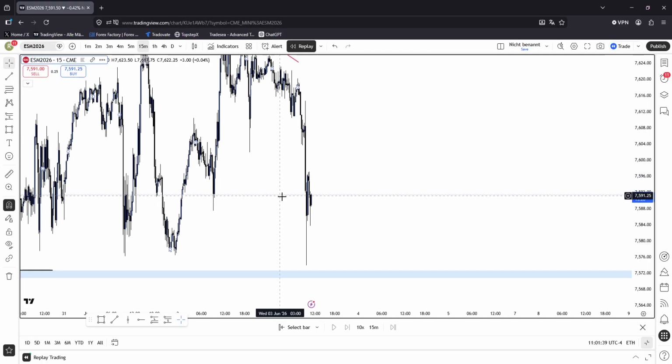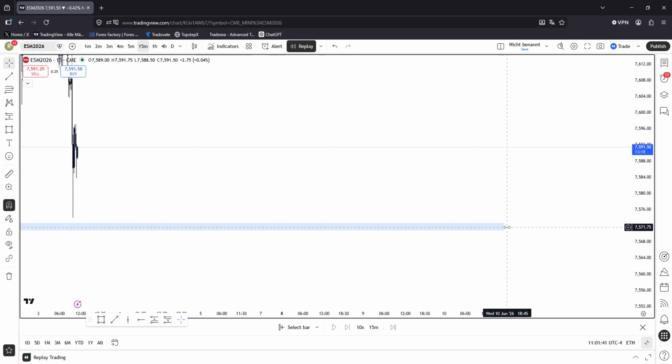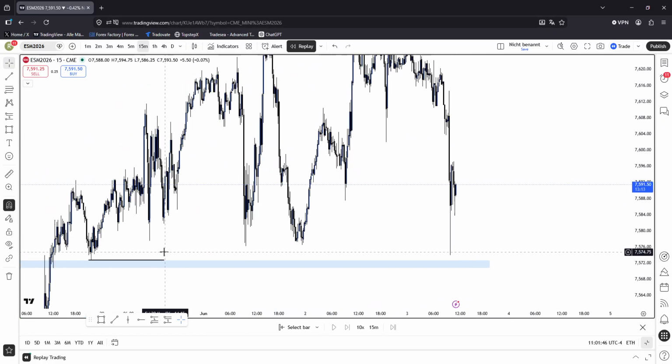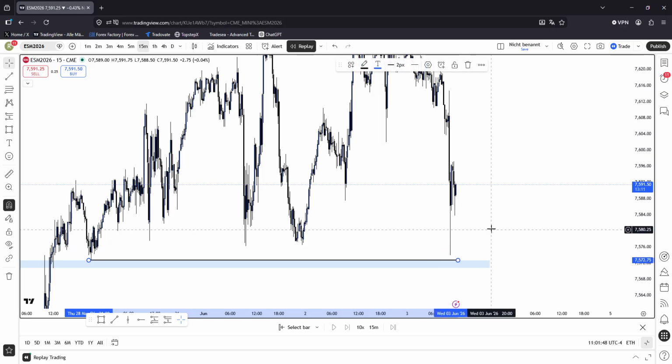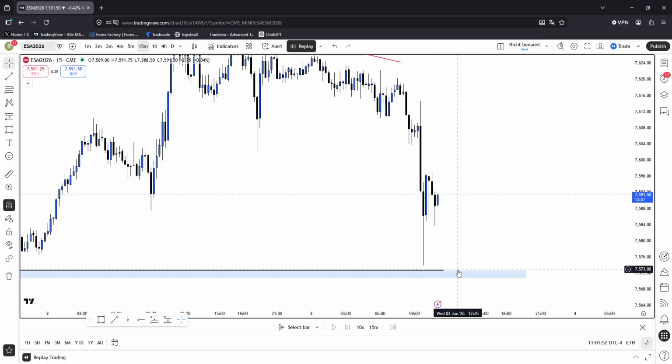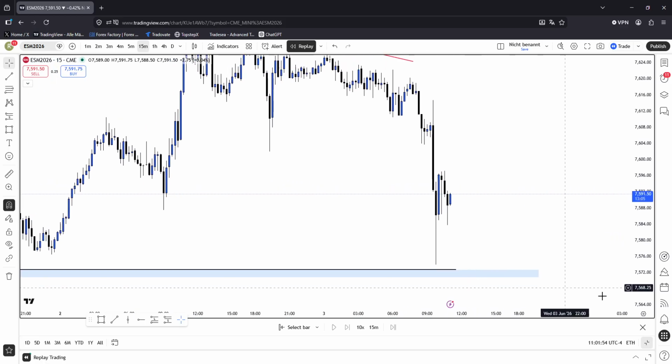So that was a sign for me to take possible shorts to target this area, but I would have taken the trade on NQ and waited for ES to take this drawn liquidity out.